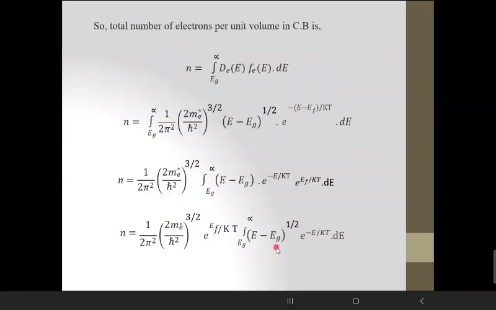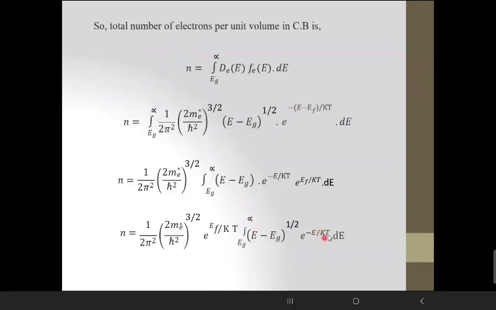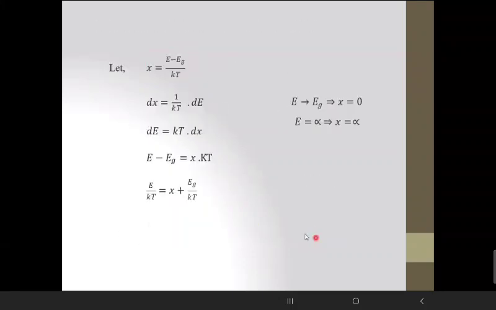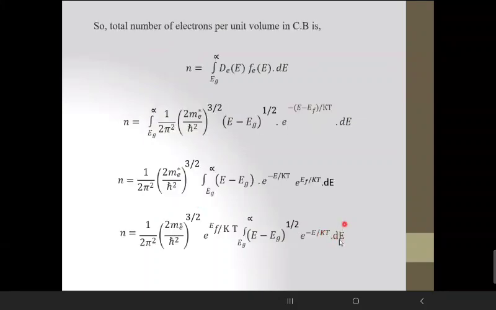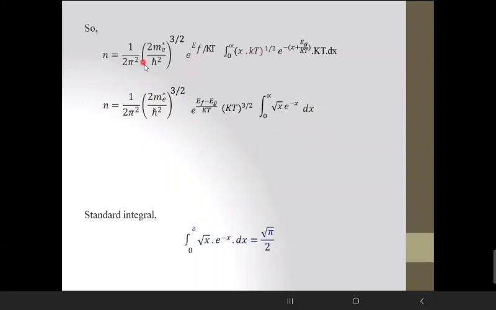E minus Eg is x into kT, E over kT is x plus Eg over kT, and dE is kT into dx. So you need to apply all this in this integration. When you apply it, you will get this formula.